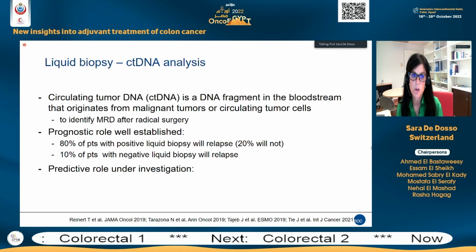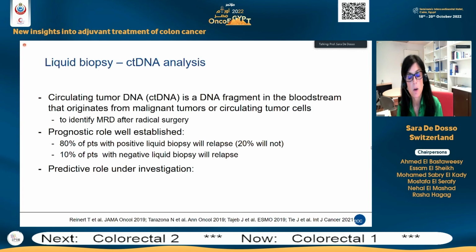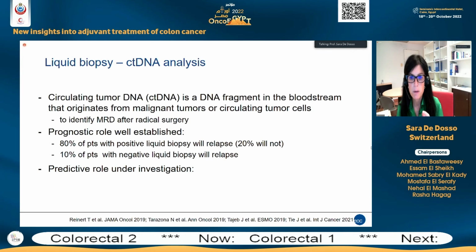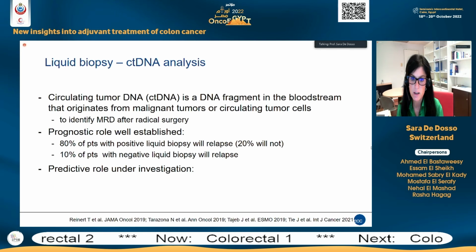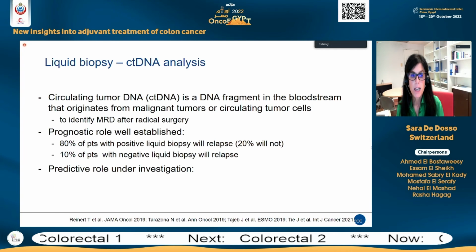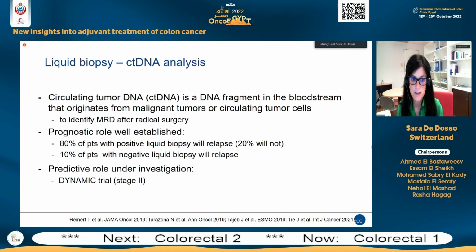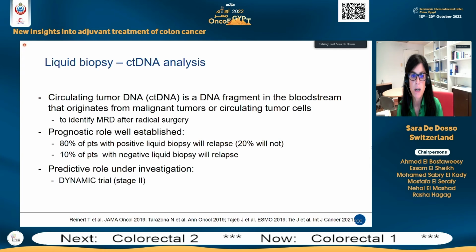We know that 80% of patients with a positive liquid biopsy will relapse, but 20% will not. So probably there is something that should still be better understood, and 10% of patients with a negative liquid biopsy will finally relapse.